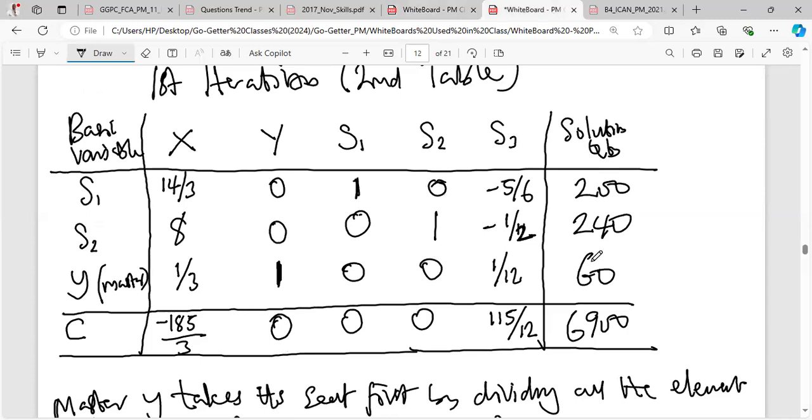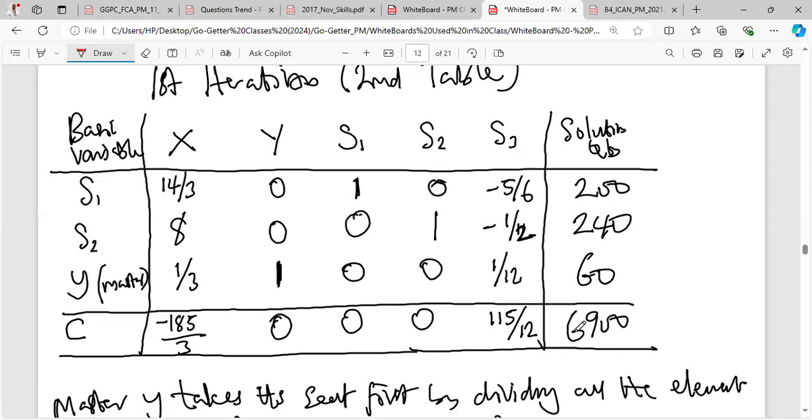Y is 60. So that's not the optimal. Now, we said that our objective is to ensure that in your C line, you either have a positive or 0. The moment you have a negative, then there is room for improvement of this contribution.